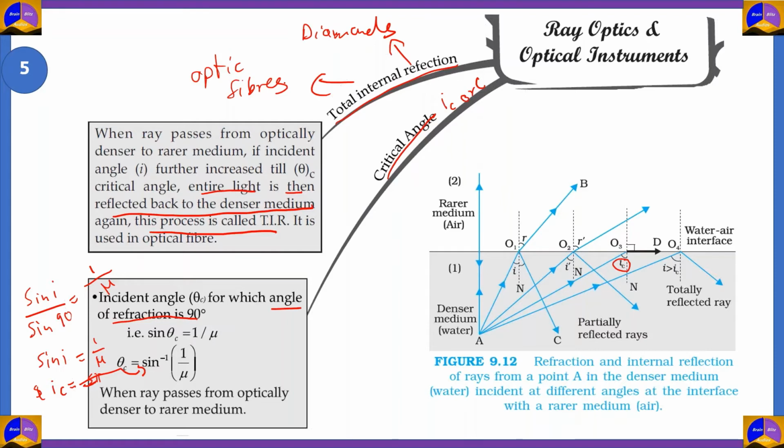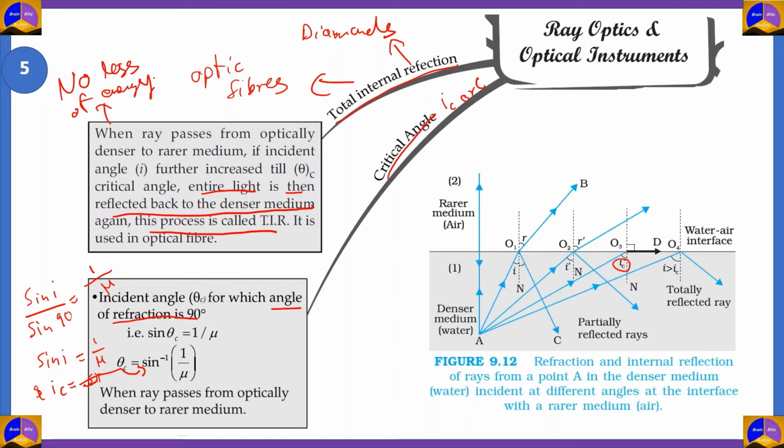So therefore, at one end, if we make light incident on it such that it gets totally reflected throughout the wire, then you can transmit information through light rays and get faster communication. And the advantage is that there is no loss of energy. TIR has no loss of energy.